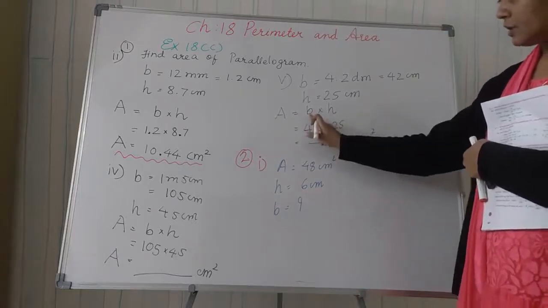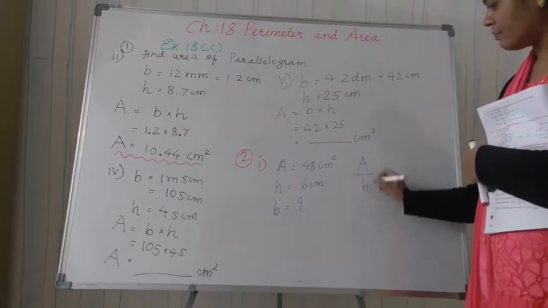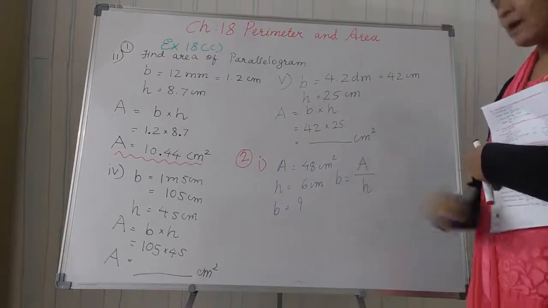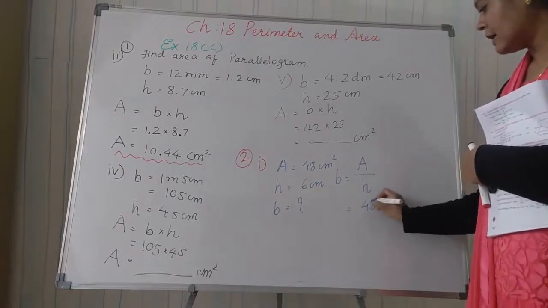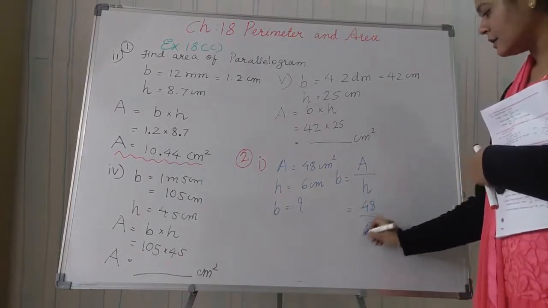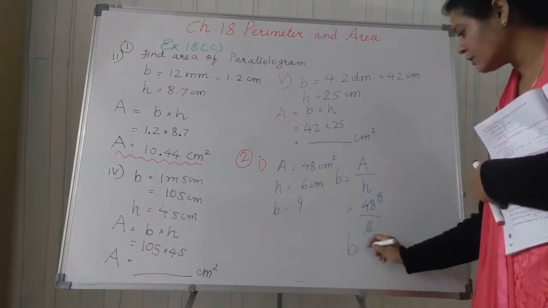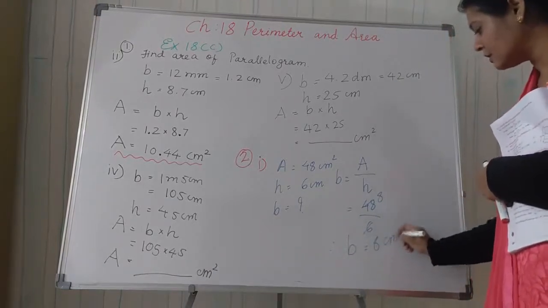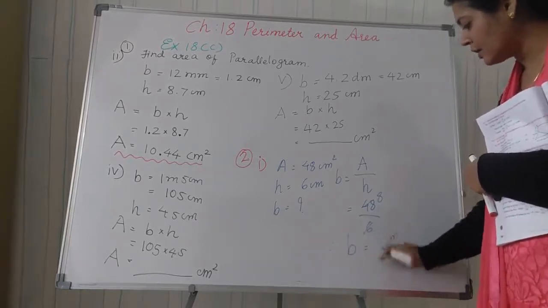So base equal to area divided by height. Area divided by height, that is our base formula. So here area 48 and height 6. So 6 8s are 48. Therefore base is equal to 8 centimeter.